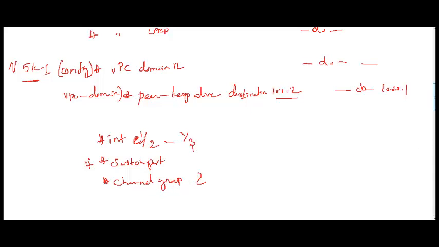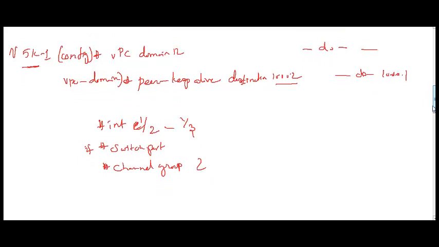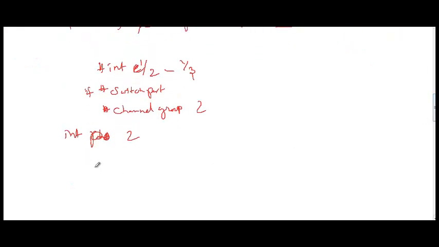Done. And then a very important thing is we need to go to the channel group interface, interface port-channel, interface PO2, and we define it as peer link. This is the command: vpc peer-link. This is inside the interface, and the earlier one is global.